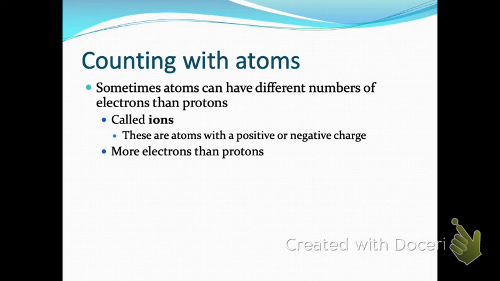So more electrons than protons is a negative charge, and these have a special name called anions. Any atom that has a negative charge is considered an anion.